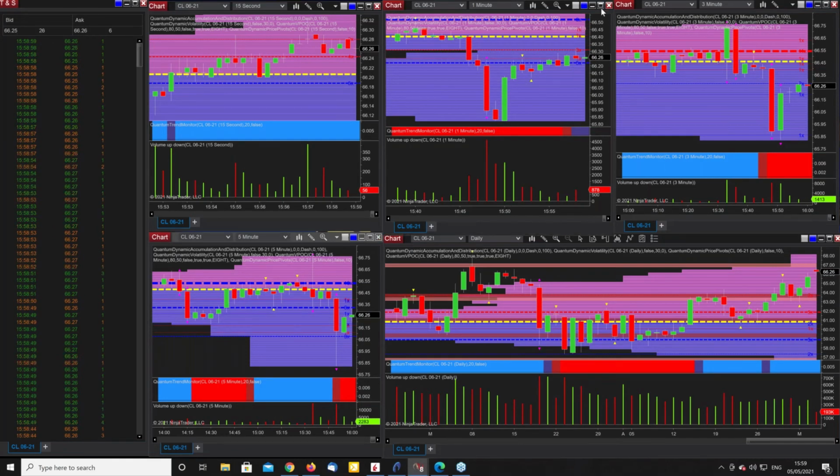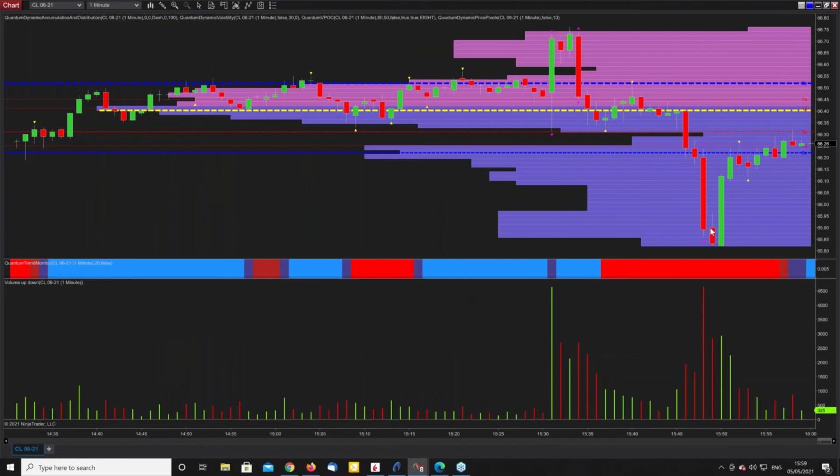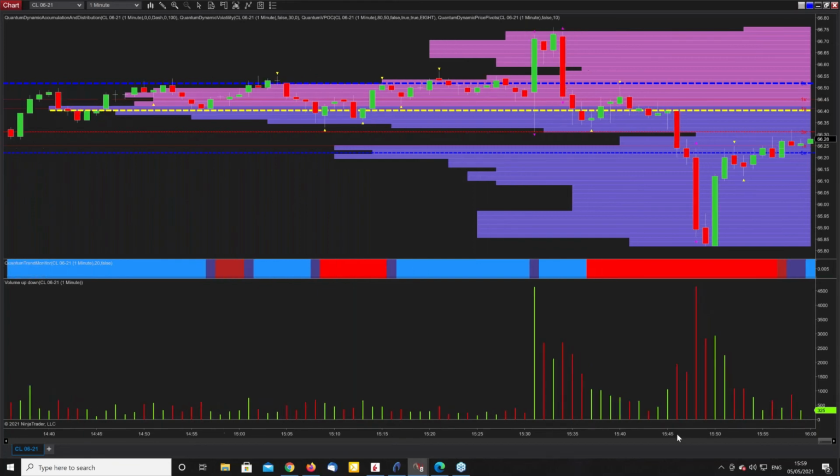Okay, nice trap move there. What we're looking for is lots of volume, a big volatility candle, bang, all the traders jumping in there, fear of missing out. Let's go short, bang, off we go, off up the other side. When you see volatility, what you're looking for is high volume, because that tells you that the big operators or the market makers are in there, they're playing, they're going to trap you.